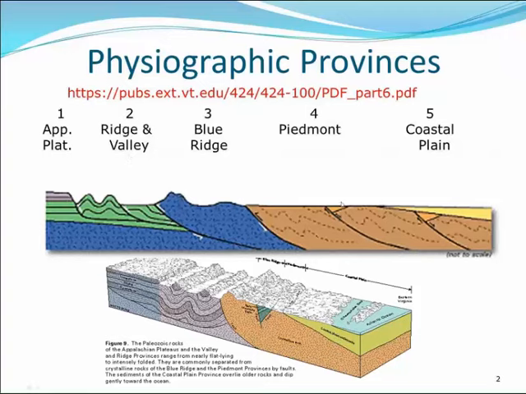We also have sedimentary rocks in these little orange diamond-shaped areas called Triassic basins. On the lower drawing, that is shown in green. That is sedimentary rock. The crystalline rock, which would be found in the Blue Ridge and in the Piedmont region, and deep underneath the Ridge and Valley and Appalachian Plateau, is igneous and metamorphic rock.